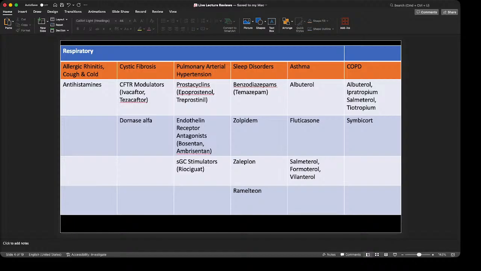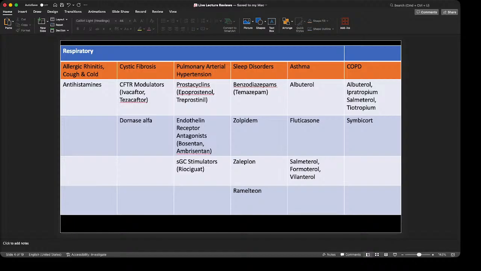So kind of just understand these mechanisms. Most of these other ones aren't really major topics, but at least have a general idea of how they're used, mechanistic wise.